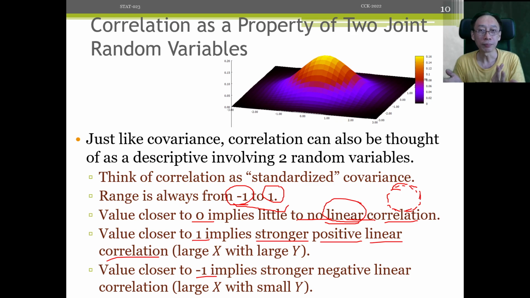For example, in doing business, if the correlation between the price and the items sold is nearly zero. For example, luxury goods.